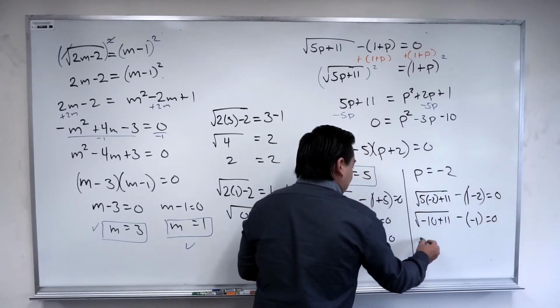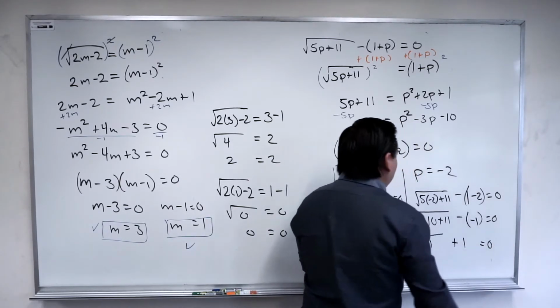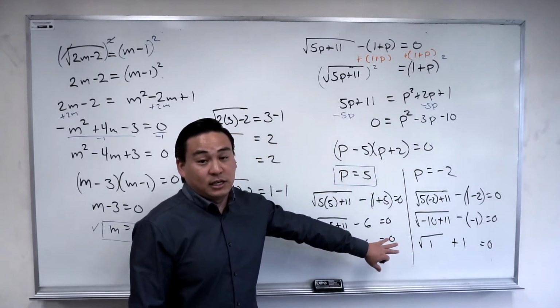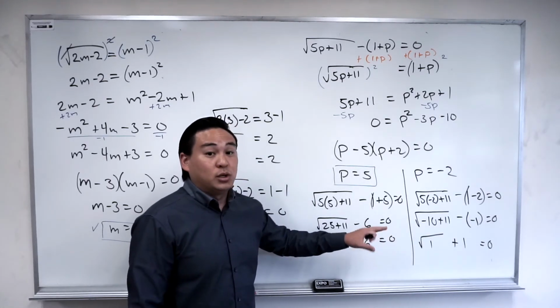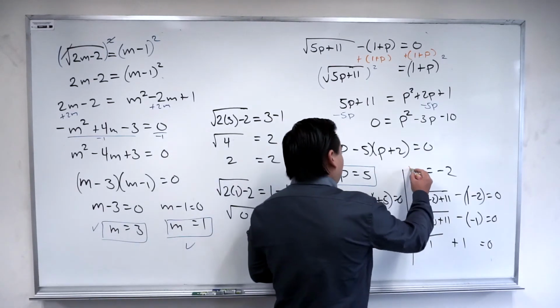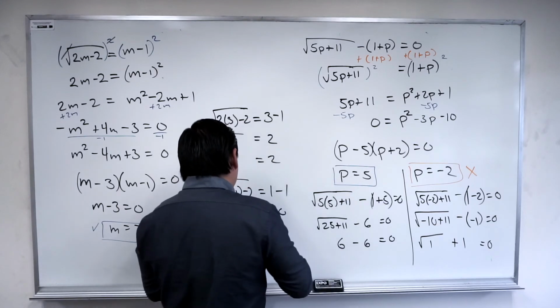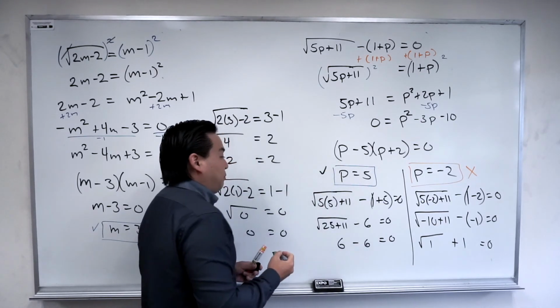So we get on the inside of the square root 1, plus 1 is 2, and that's not true because the left-hand side is going to be 2, and 2 is not equal to 0. So this one over here, that one is not okay. So our only solution is this one on the left, p equals 5.